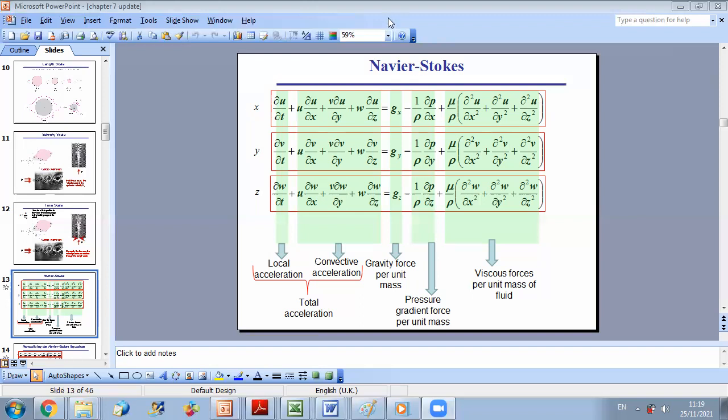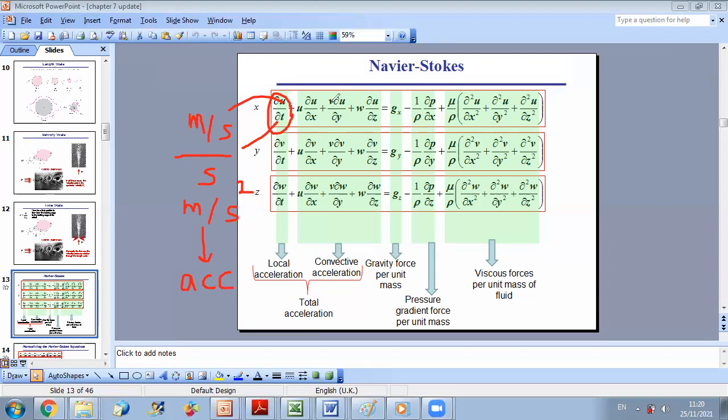If I consider, for example, del U by del T, I have meter per second for U, and for time it's second. So I have meter per second square, which is the unit of acceleration. You can check that all other terms will have the same unit.